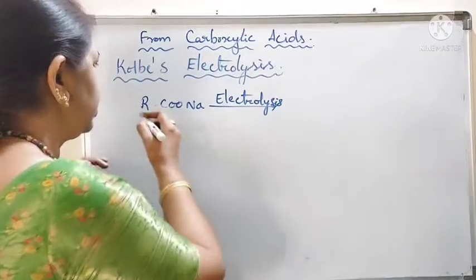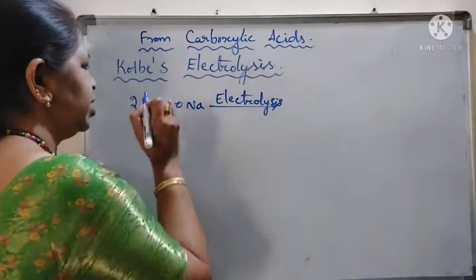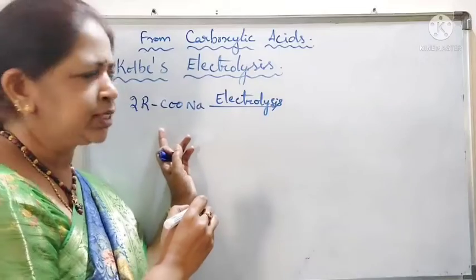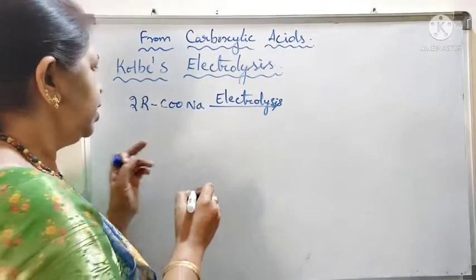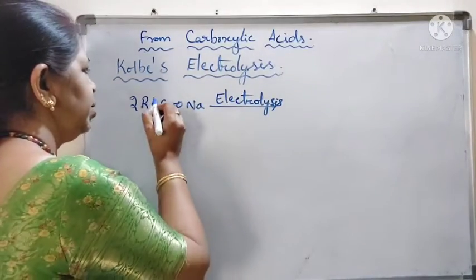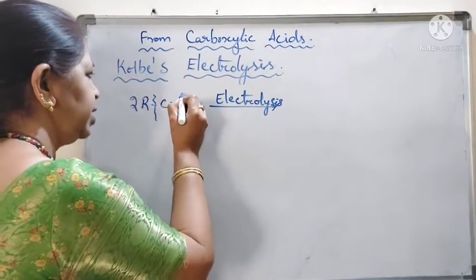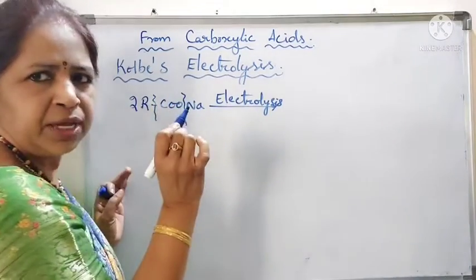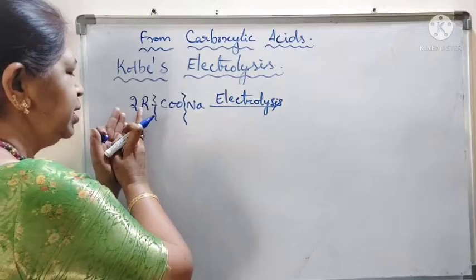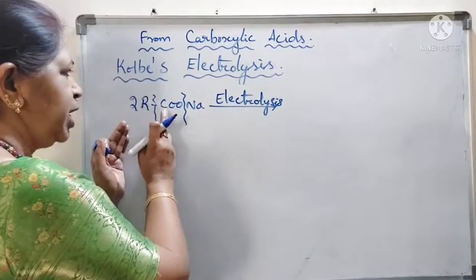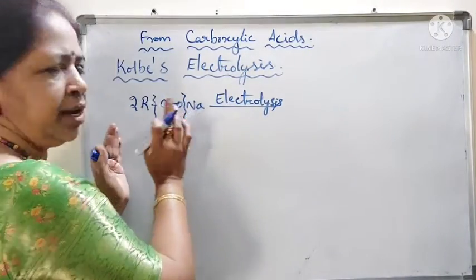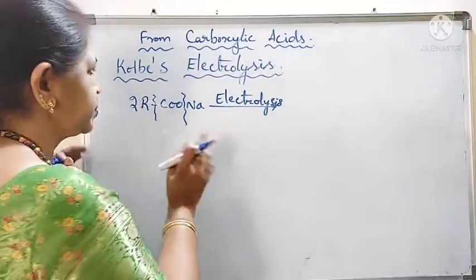So we have to take here 2 moles of aqueous solution of sodium salt of carboxylic acid. In this molecule the breakage occurs here and here. If you break the bonds in between the R group and carbon, and O and Na, you will get the products.